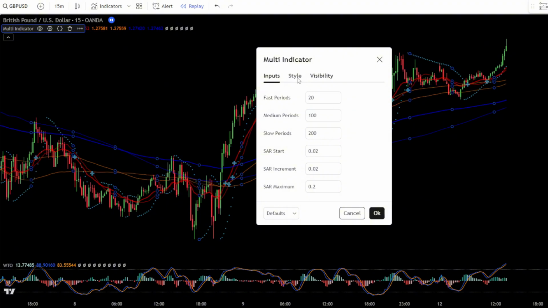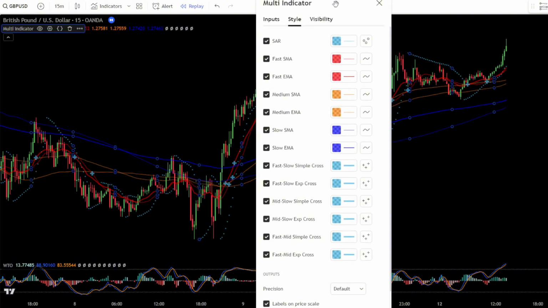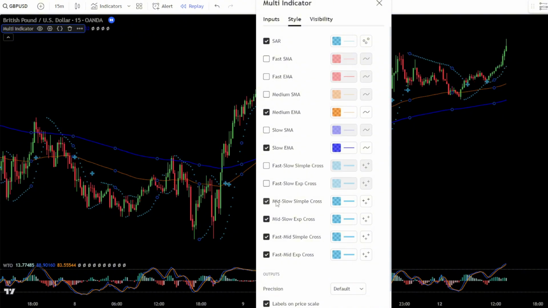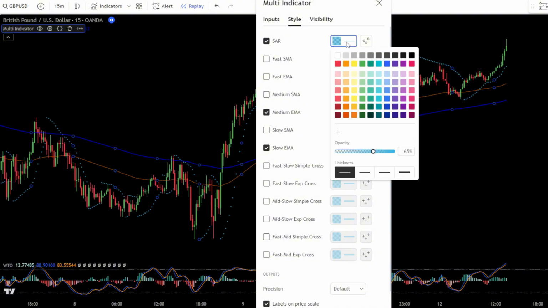Next, go to the Style tab. In the Style tab, uncheck all options except for Parabolic SAR, Medium EMA, and Slow EMA. Then, adjust the colors of Parabolic SAR, Medium EMA, and Slow EMA according to your preference.